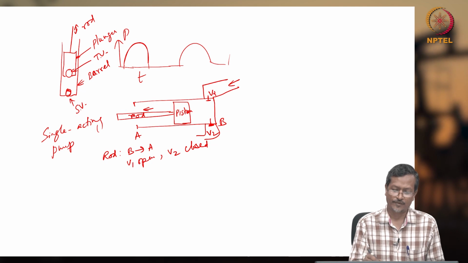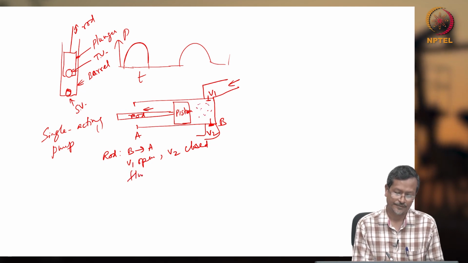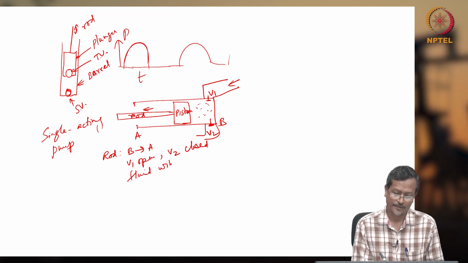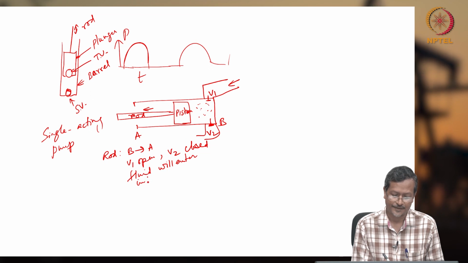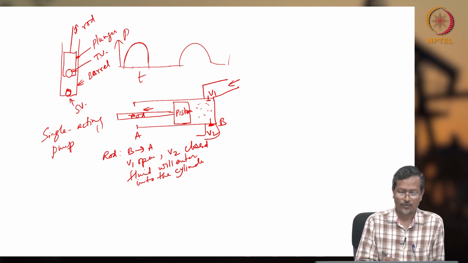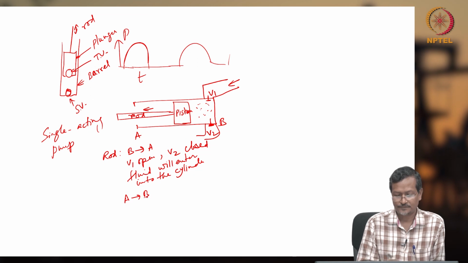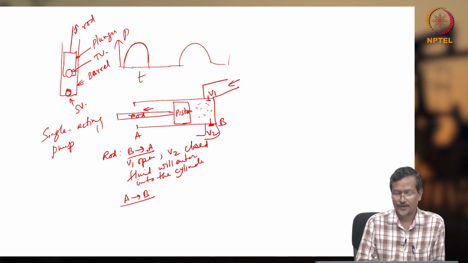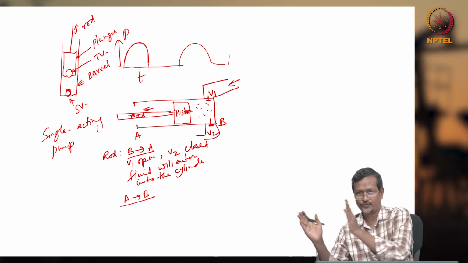So whatever fluid is there, it will be entering here, so fluid will enter into the cylinder. Now the rod moving A to B, the piston is moving left to right.